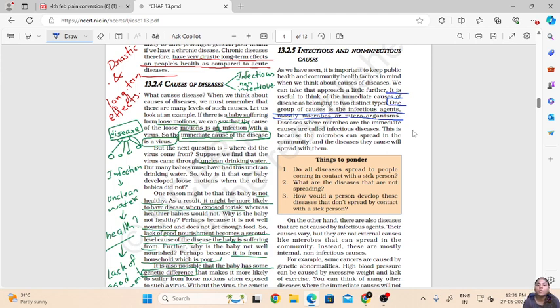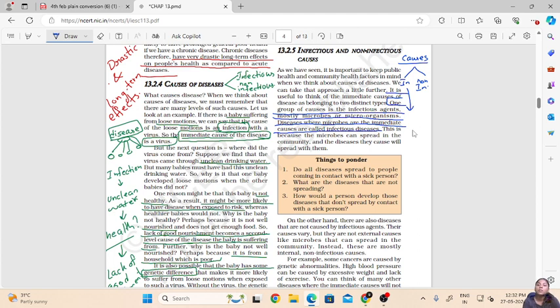So one group of diseases is caused by infectious agents, where the microbes or microorganisms cause the diseases. So causes could be divided into two types, the infectious and non-infectious types.